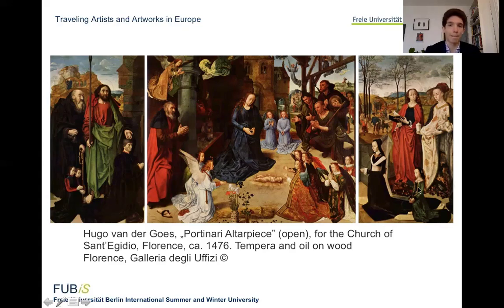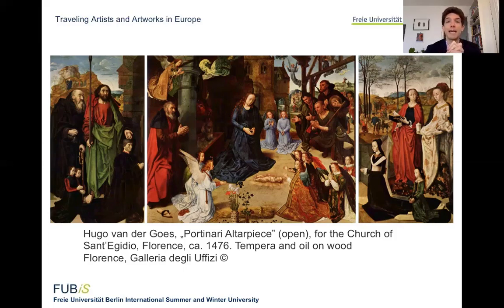And Tommaso Portinari, as I was saying, commissioned this work from Hugo van der Goes in order to donate it to the Church of Sant'Egidio in Florence.